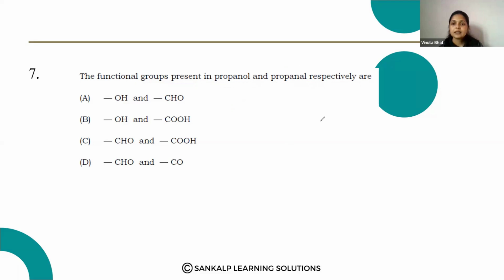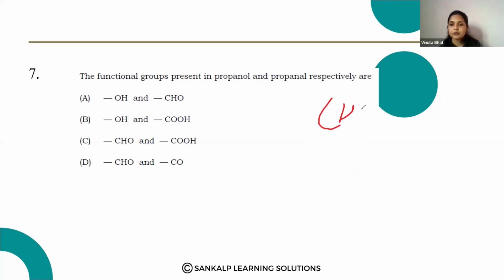So in both question 1 and question 2, I had given the wrong information. Because the propanal structure is given, I told you that it is the OH group, but it is not the OH group. That is the CHO group, aldehyde group.